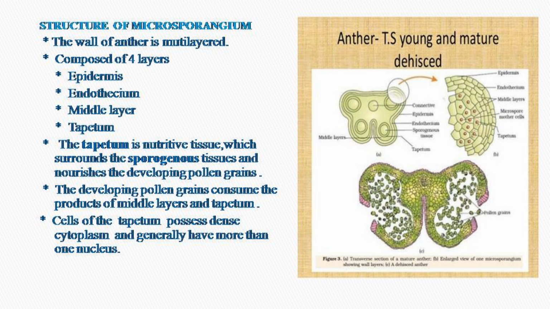Tapetum is the nutritive tissue which surrounds the sporogenous tissues and nourishes the developing pollen grains. The developing pollen grains consume the products of the middle layers and tapetum. Cells of the tapetum possess dense cytoplasm and generally have more than one nucleus.